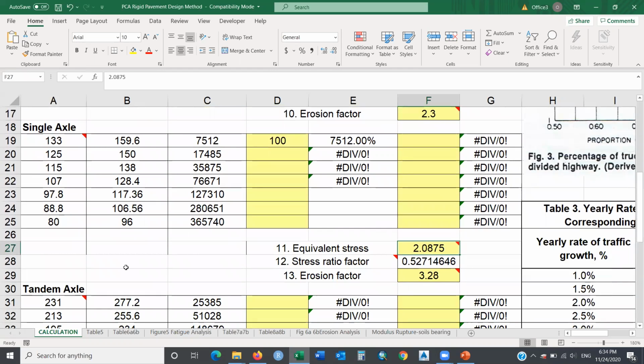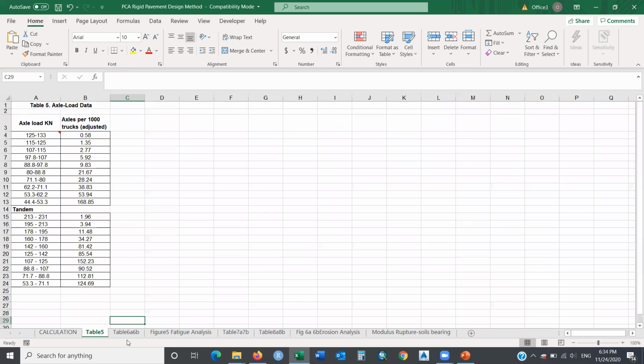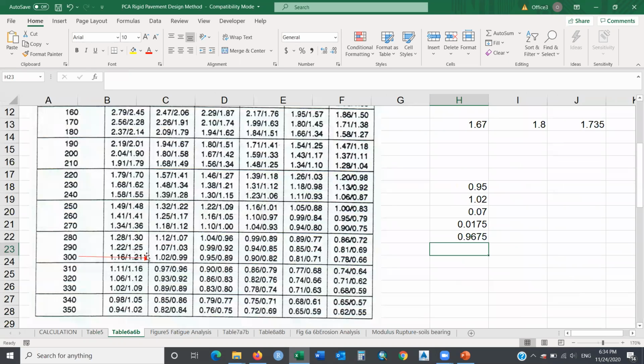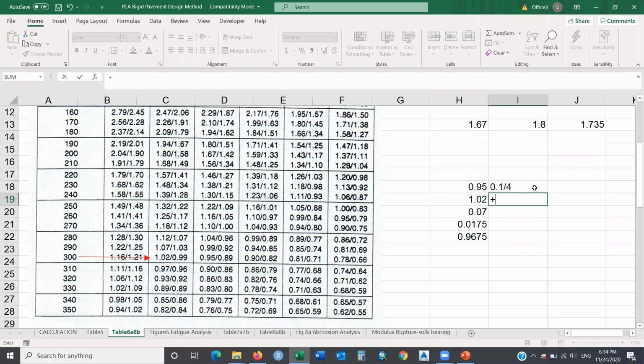The equivalent stress for tandem is somewhere between 0.89 and 0.99. So it is 0.10 divided by 4. So it is 0.89 plus 0.10 divided by 4, which is 0.025.